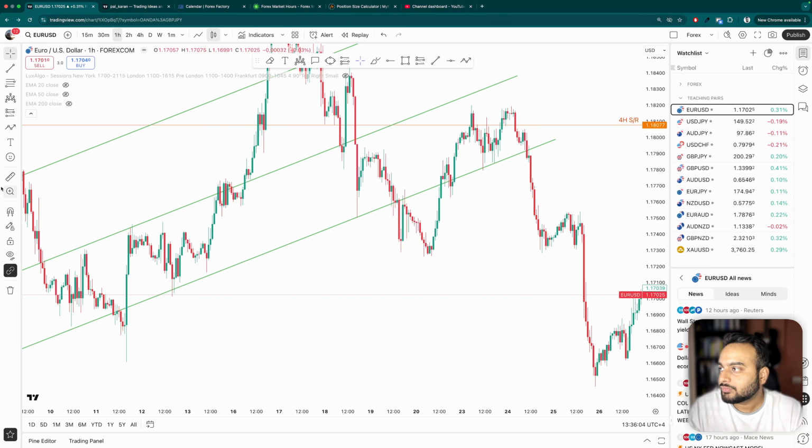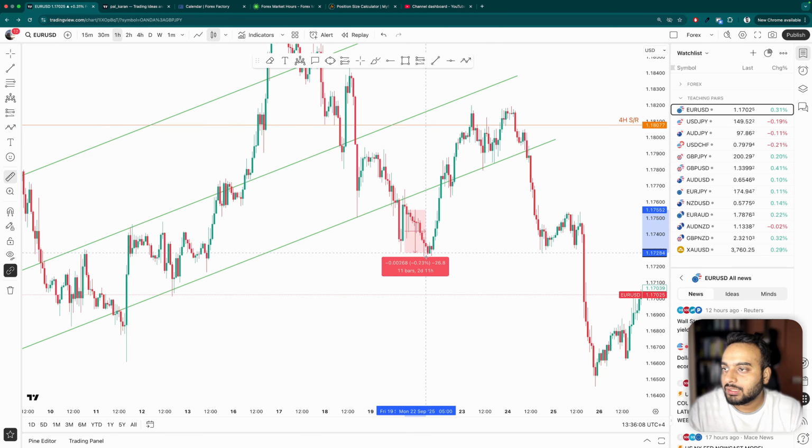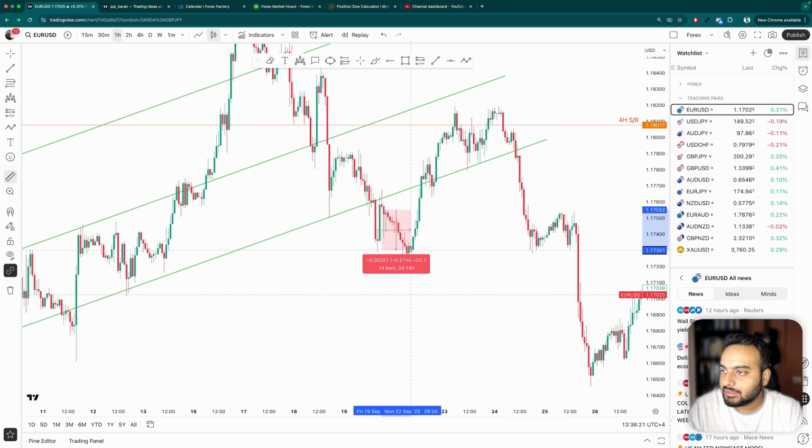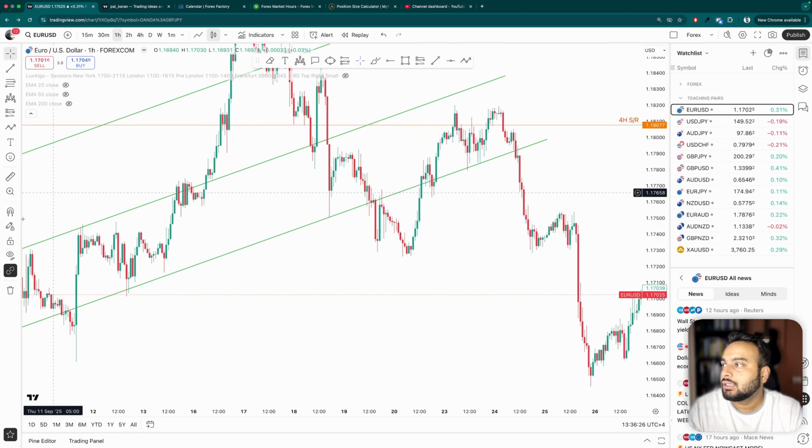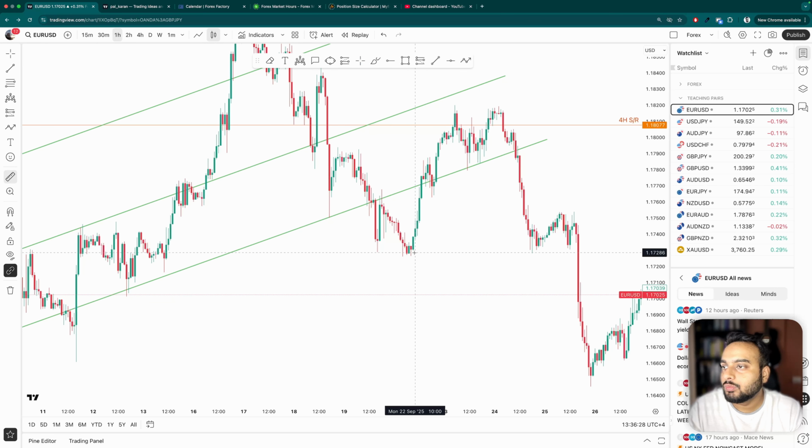For example, the price stayed till here for 14 bars. That means it's 2 days, 14 hours. And how much time did it take to move from right here to here?